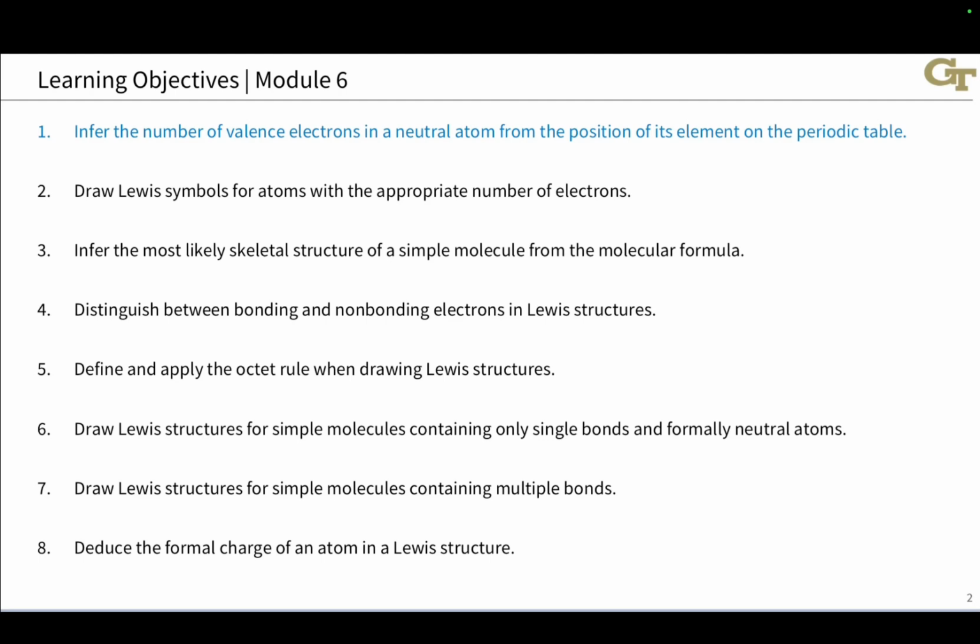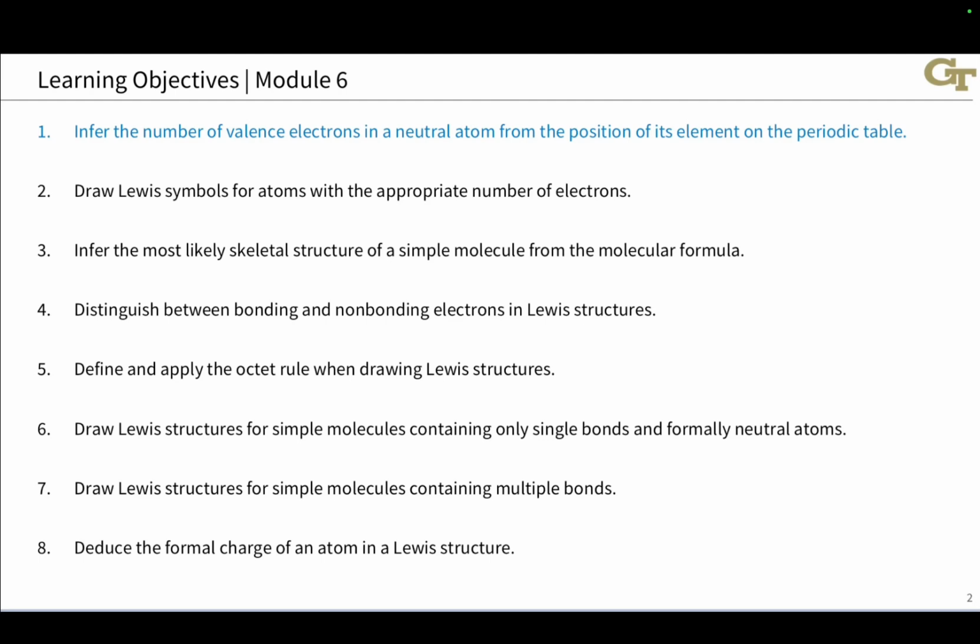The octet rule, which is really more of an octet guideline, as we'll see, for how electrons are arranged typically in Lewis structures. And then we'll look at how charge manifests itself in Lewis structures, both in the structures of ions and neutral molecules that happen to have positive or negative charges located on atoms.